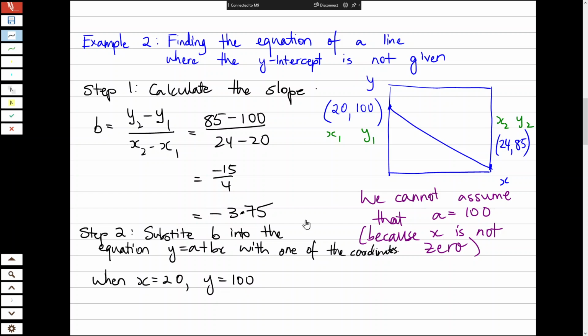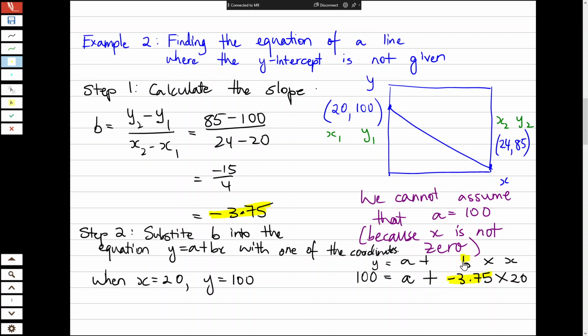So therefore, I can write the following. 100 equals A, which I don't know, plus B, which we found, times X. So you don't have to write that first line there, y equals A plus bx, but I'm just showing you that we have substituted negative 3.75 here.